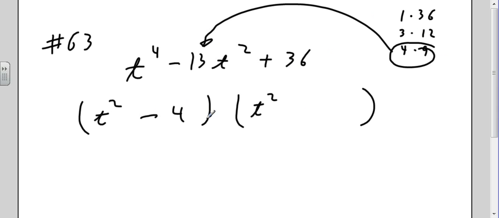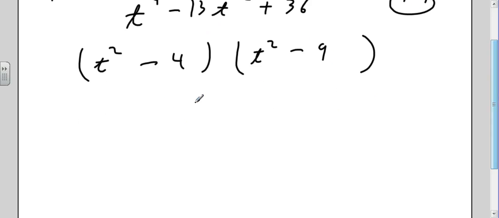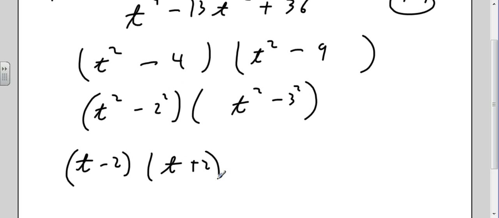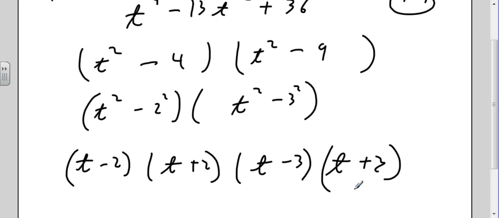So minus 4 minus 9. Now I recognize this as t squared minus 2 squared times t squared minus 3 squared. And now I can write it t minus 2, t plus 2, t minus 3, t plus 3, and now I'm done. Well, that was okay.